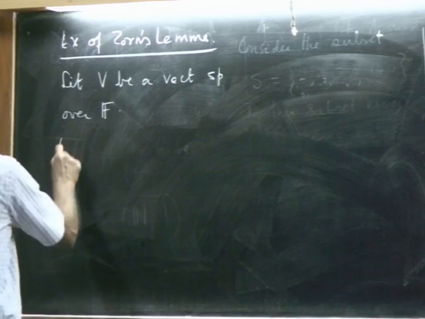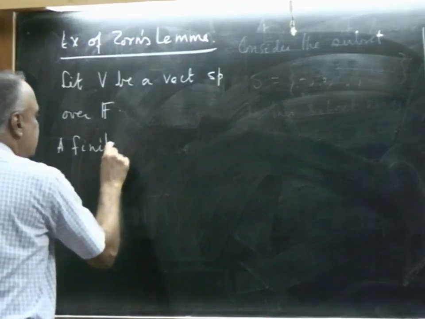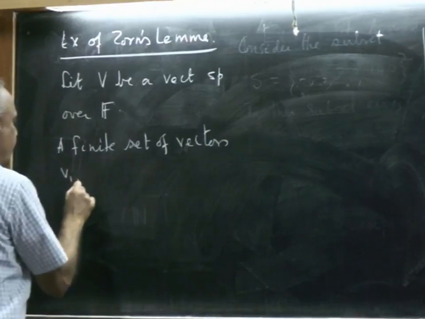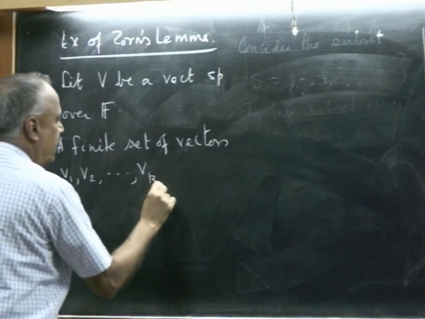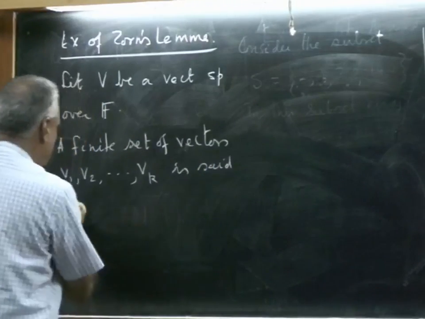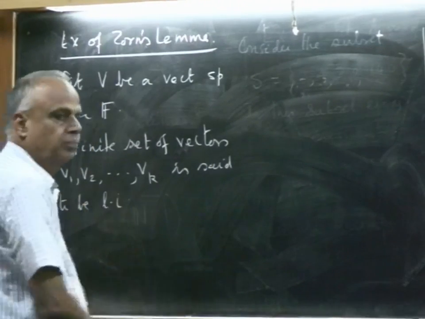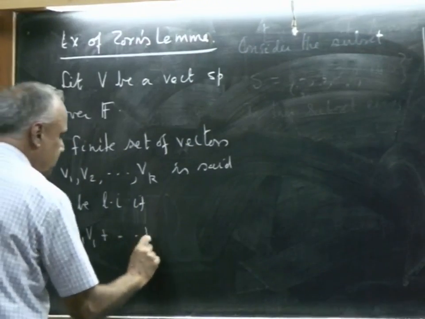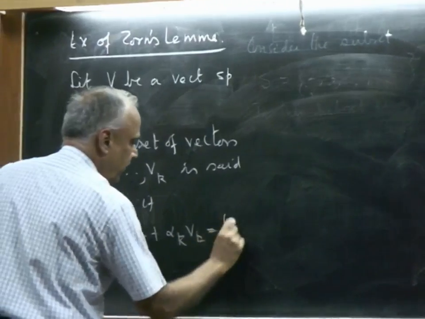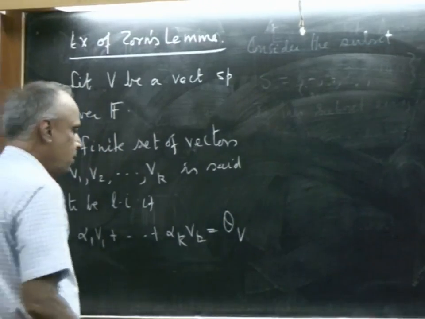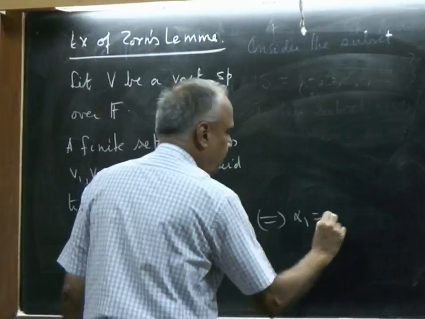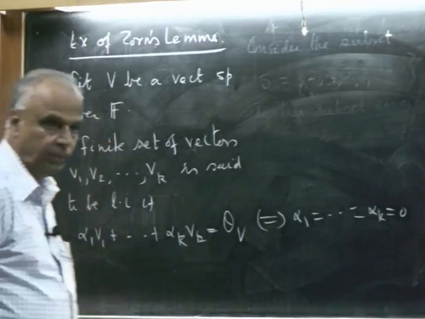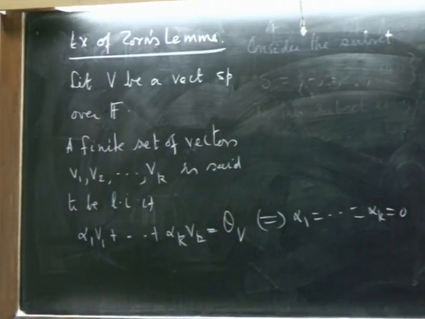A finite set of vectors v1, v2, ..., vk is said to be linearly independent if the only linear combination that gives the 0 vector, I will call theta_V the 0 vector, is when alpha 1, ..., alpha k are all 0, where all these alphas are from the field F. If you are taking a real vector space, alphas must be real numbers.